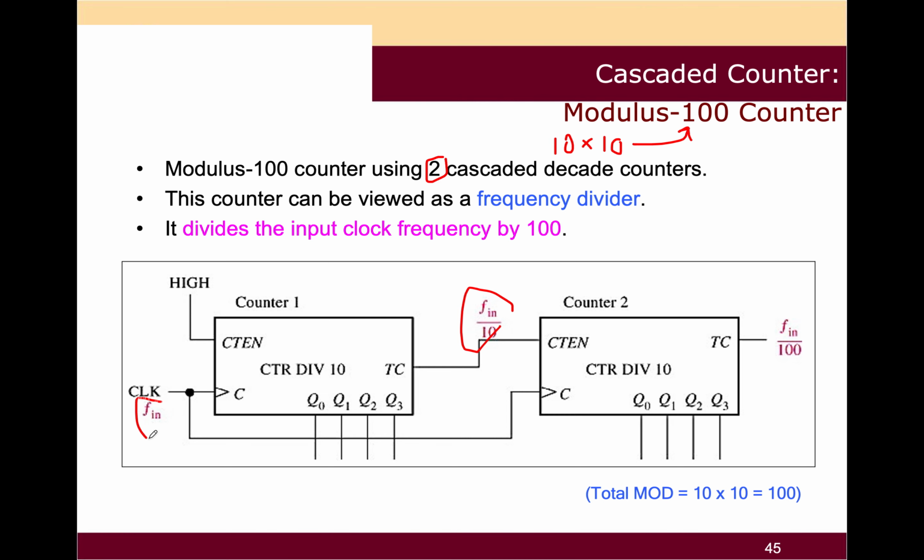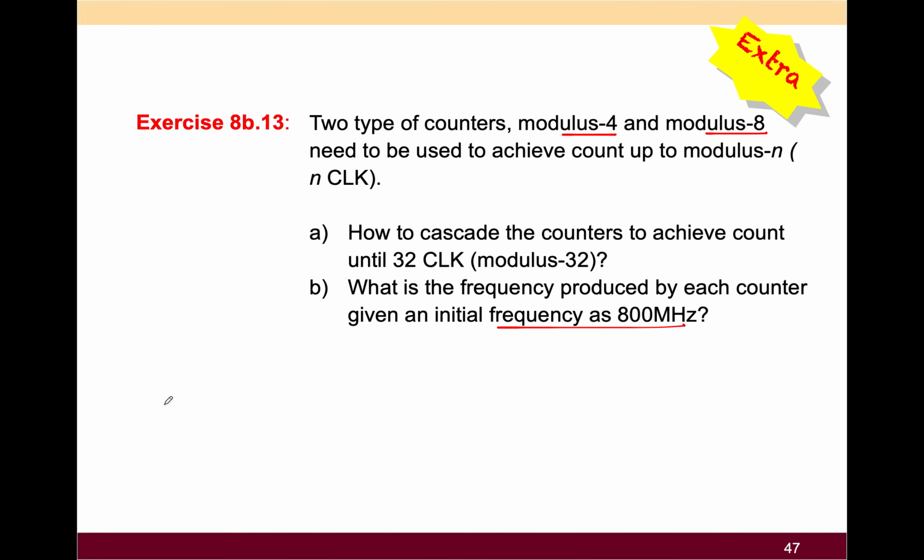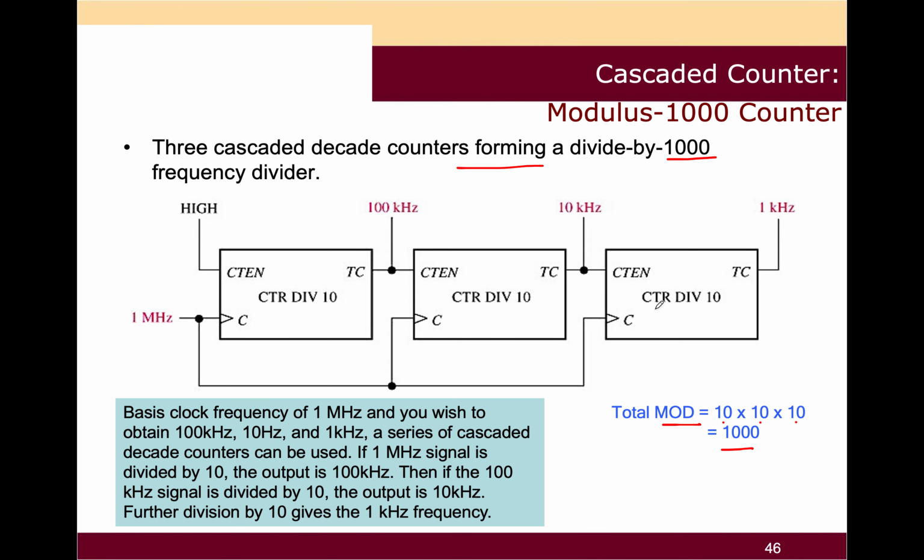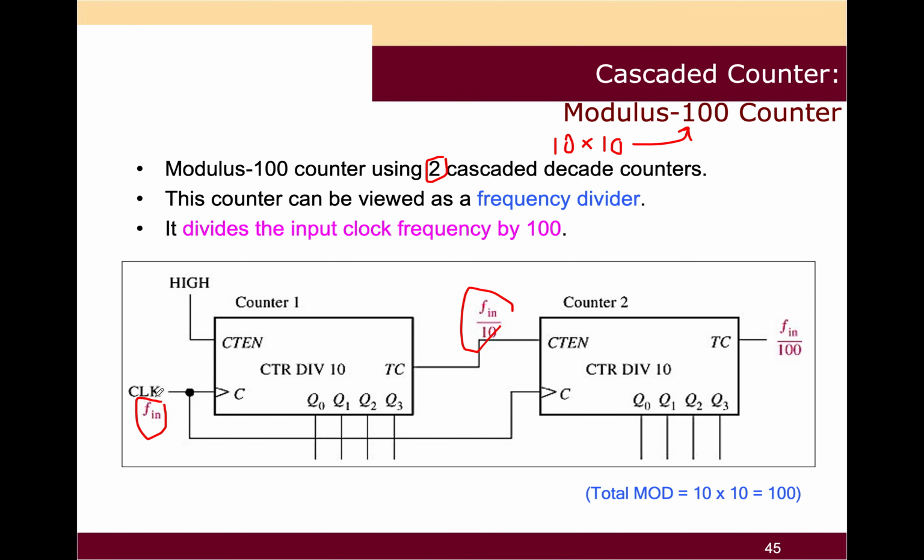So let's say you were given the clock frequency. Over here, the initial frequency of your clock is 800 megahertz. You can see in the example, this is the Fn, the initial value of your frequency. Then after that you get the frequency divided by 10, and then divided to 100 after two decade counters.